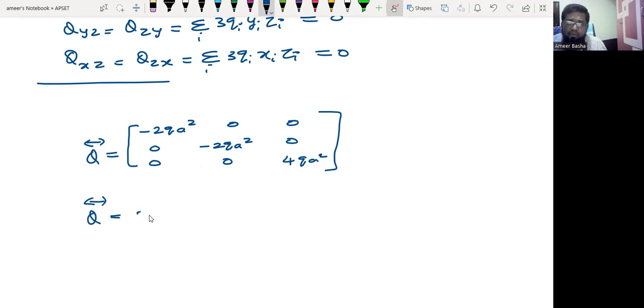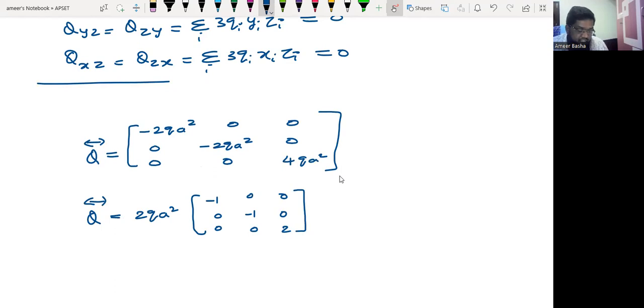So you can pull out 2qa square as the common factor. Then simply I have the matrix minus 1, 0, 0, 0, minus 1, 0, 0, 0, 2. It's the matrix; the elements we have calculated. So the quadrupole moment is simply 2qa square.